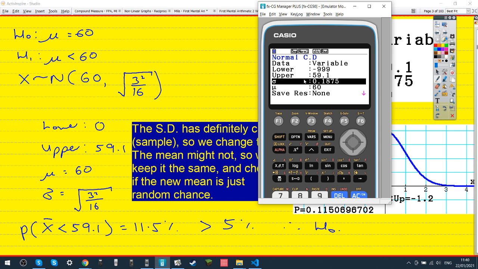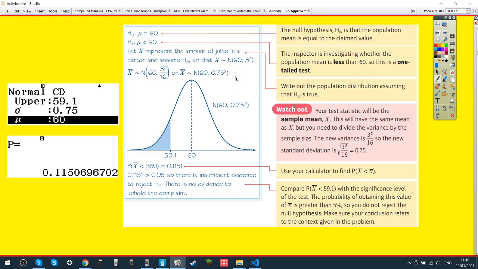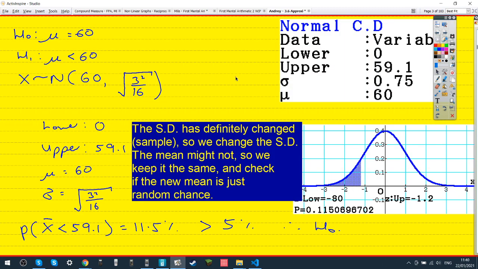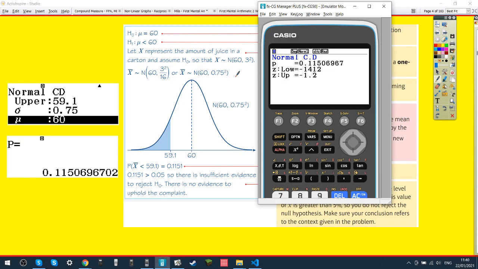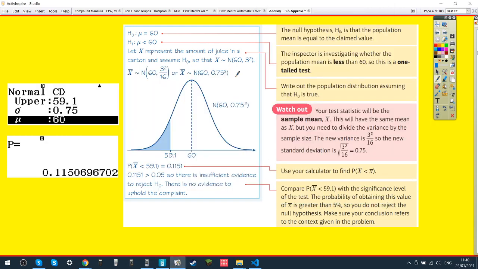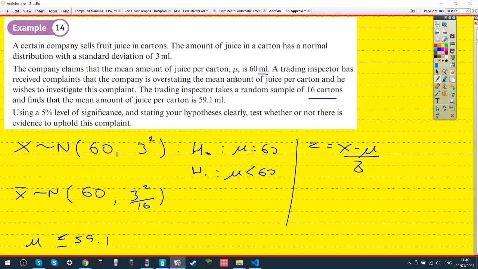And so the standard deviation is the square root of 3 squared over 16, and it's 0.75. That's it. And so that's what goes into the calculator. You get 11.5%.